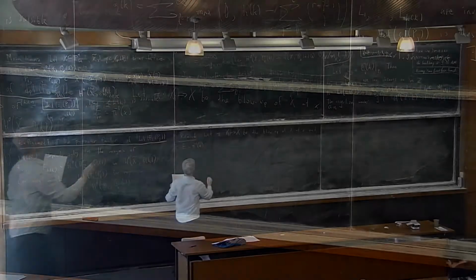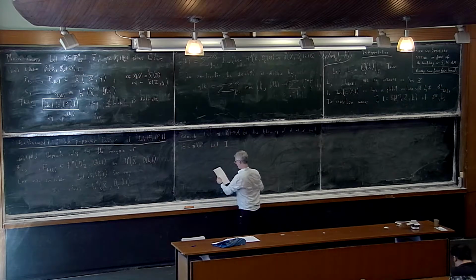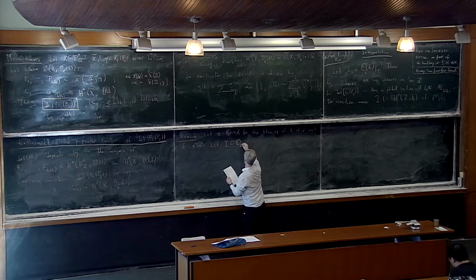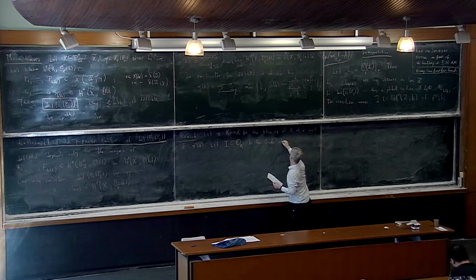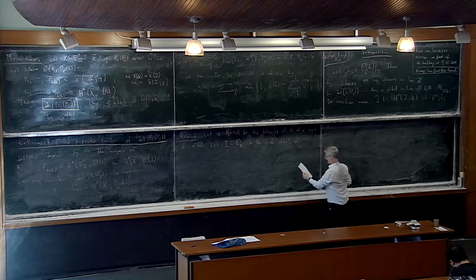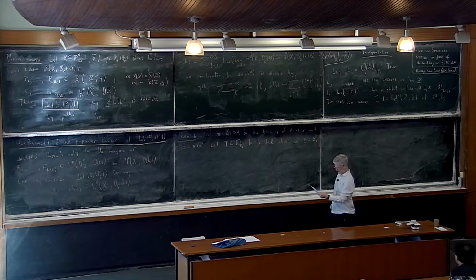So let also I, the ideal sheaf of E in X_1, be an ideal sheaf. So it's then an invertible subsheaf of O_{X_1}.